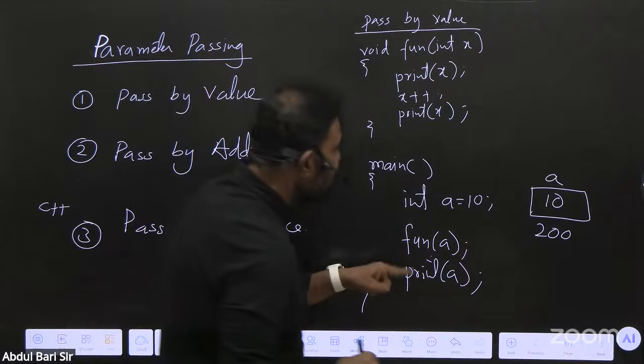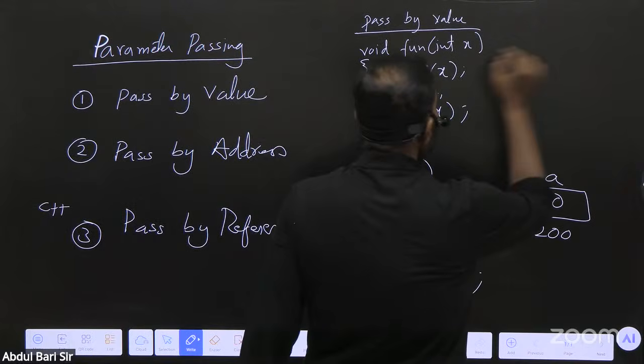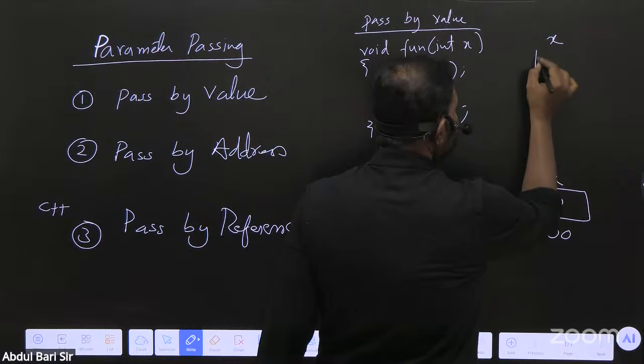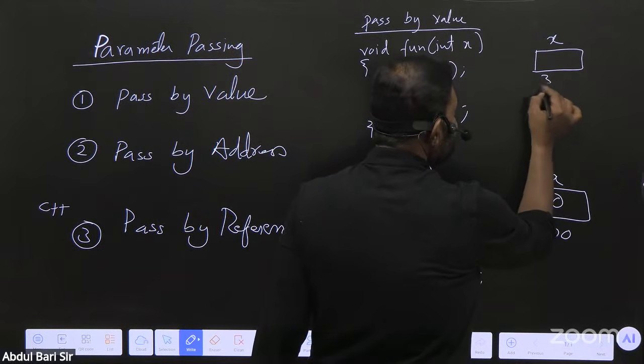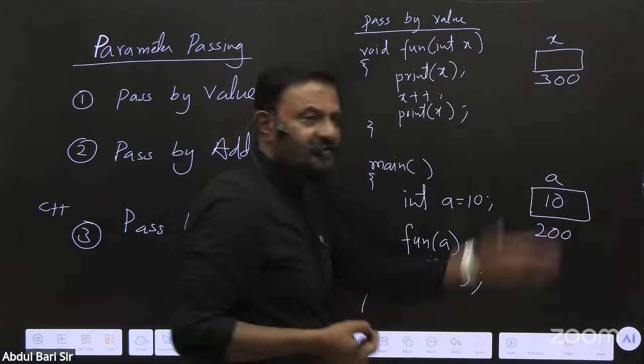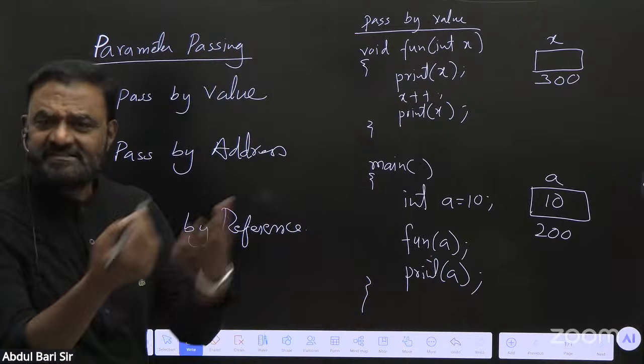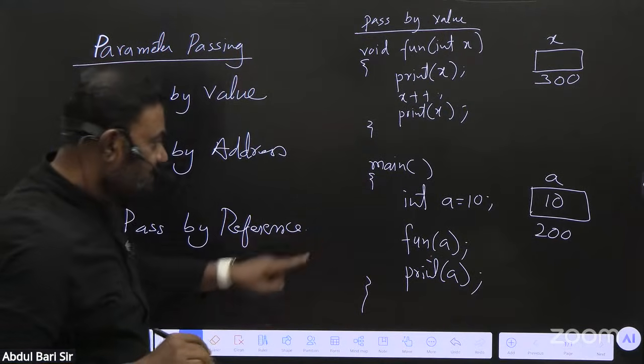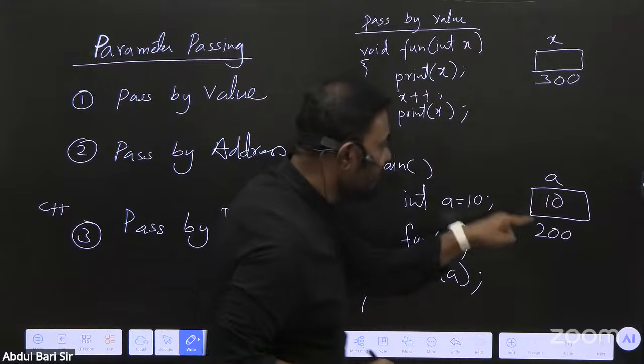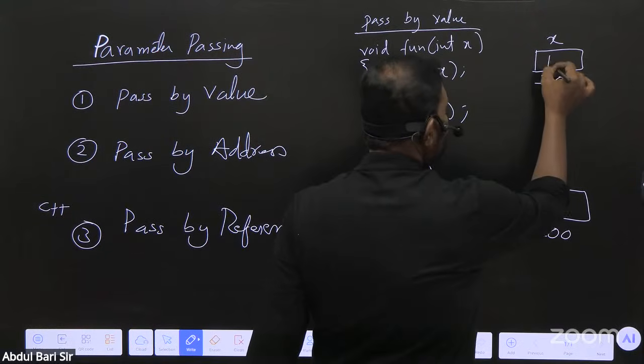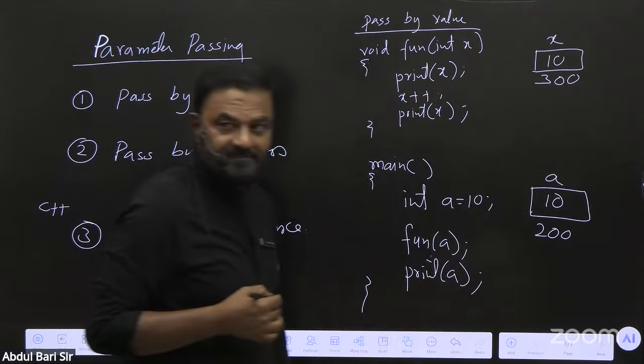Now, when this calls function fun, its own activation record is created and its own variable is created. Let us say the address is 300, maybe far away, just a random address I am writing. Then the value of a is copied in this one, so the value 10 is copied.